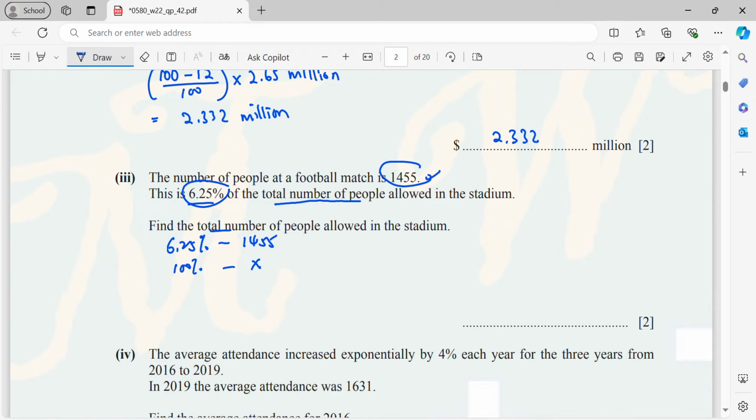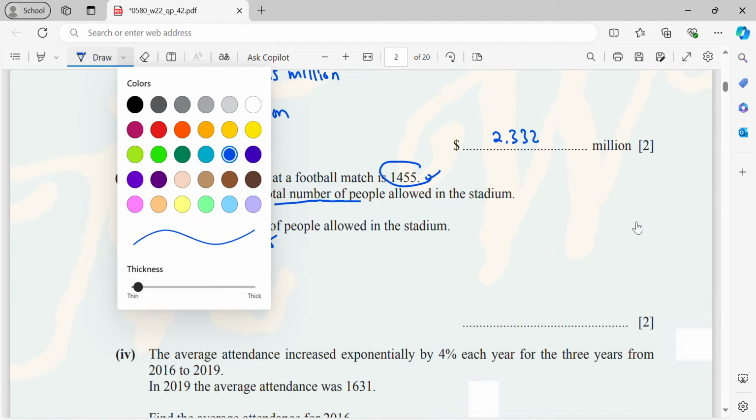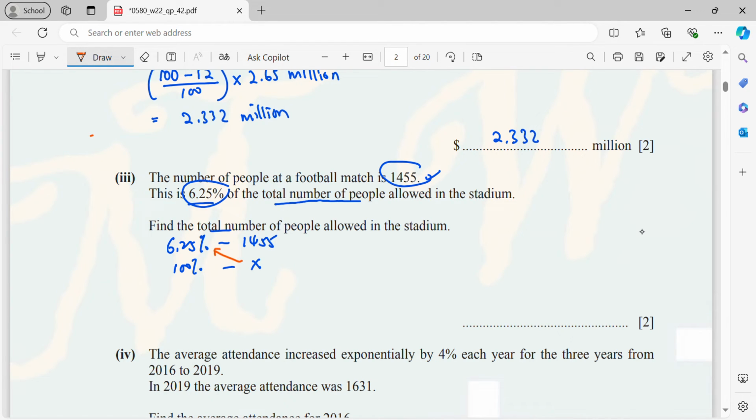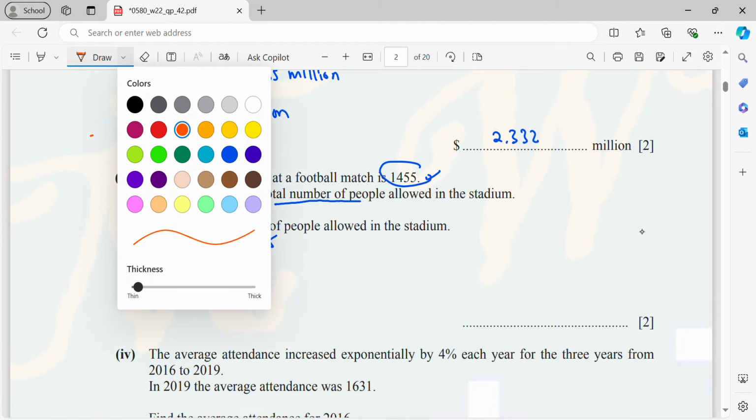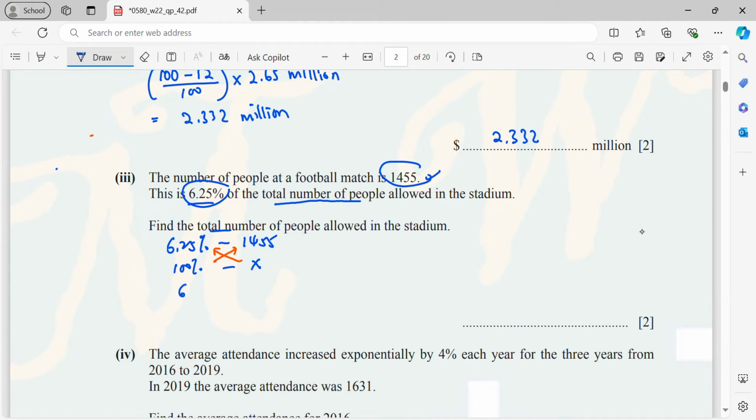Let's say it's x. To get the x, use cross multiplication. Then you will be getting 6.25% x equals 1,455 times 100%. Now the x, you just move down the 6.25.